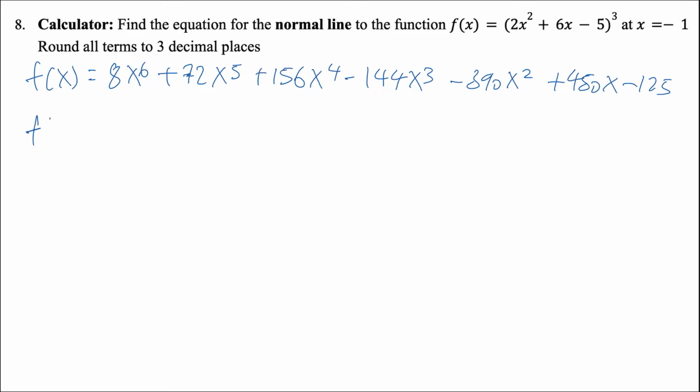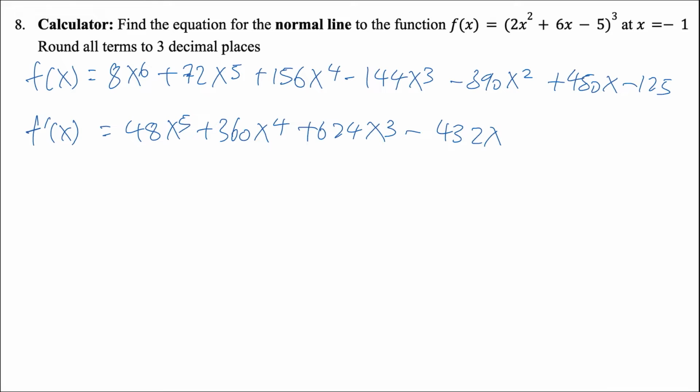Now we will find f prime of x. So the derivative of f of x, which is 48x to the fifth plus 360x to the fourth plus 624x to the third minus 432x to the second minus 780x plus 450.